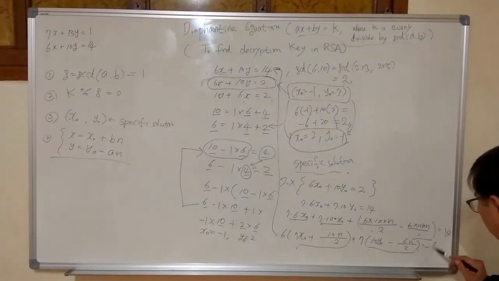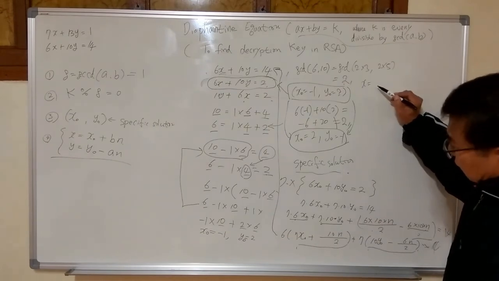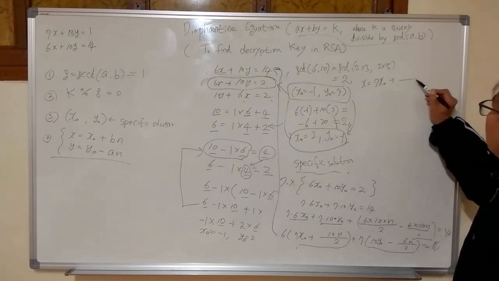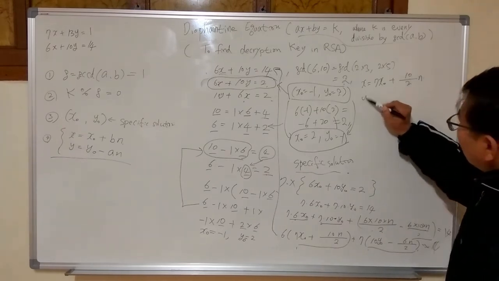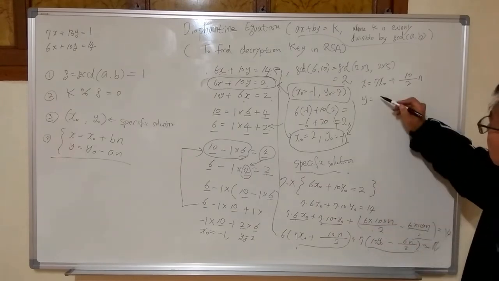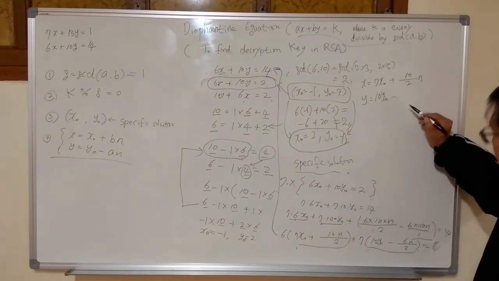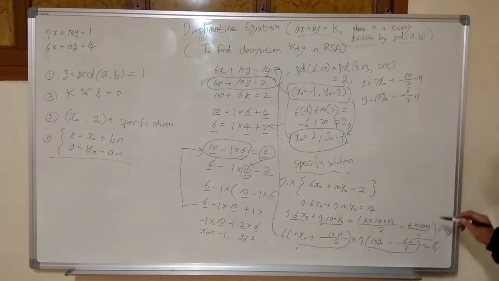This is 14. So we have x equals 7x0 plus 2 over 10n, y equals 10y0 minus 2 over 6n.